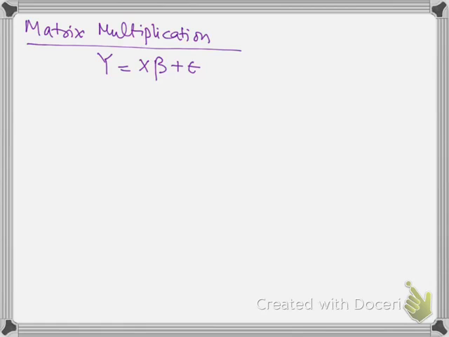Two matrices can be multiplied together only if the number of columns of the first matrix is equal to the number of rows of the second matrix. The number of rows of the resulting matrix is equal to the number of rows of the first matrix, and the number of columns is equal to the number of columns of the second matrix.